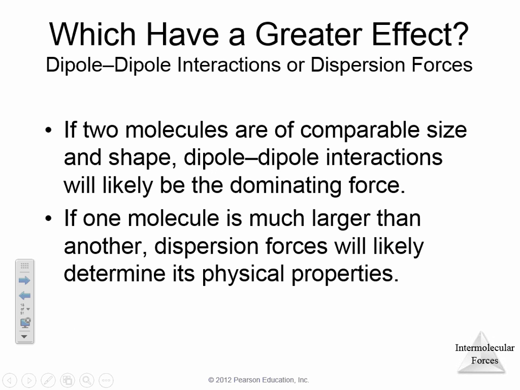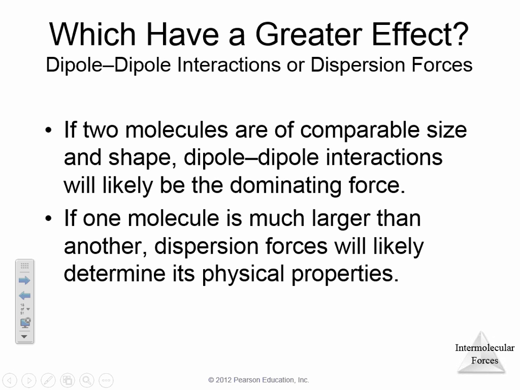Now, which one's going to have a greater effect? Dipole-dipole or dispersion forces, since they are both focused around dipoles. If two molecules have comparable size and comparable shape, dipole-dipole interactions will be the dominating force.